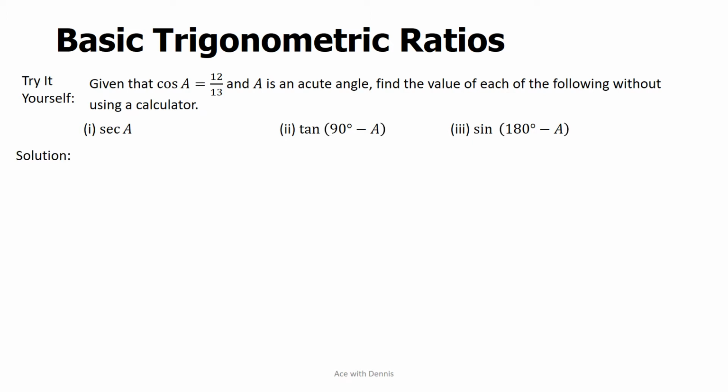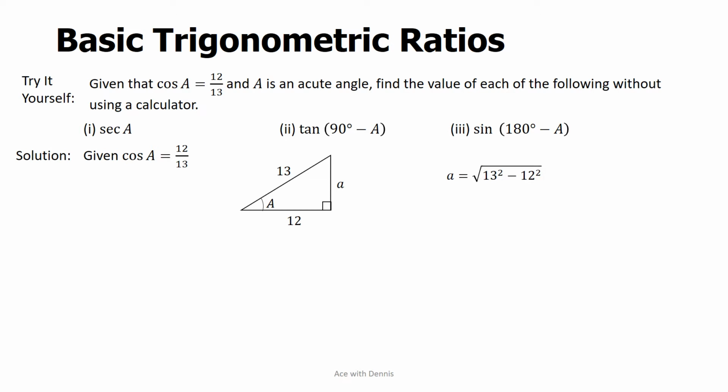Here is the solution. From the information given, cosine A equals 12 over 13. We can sketch the triangle. This is the angle A. So cosine A is CAH, right? Adjacent side 12, hypotenuse is 13.